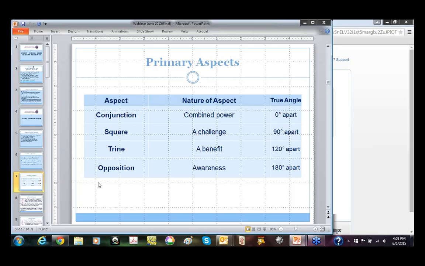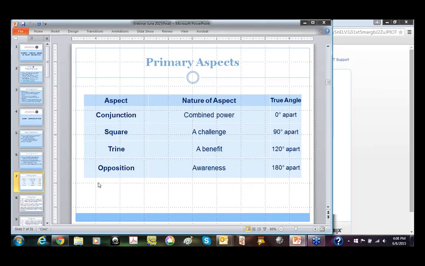So you have to look at the combined planets, what the two planets represent as to how well they combine their power. Some planets work well together, and others, they need a little work to work together. Even if they're in the same sign, in the same house, they have different energies themselves, each one of them. Again, think of siblings and sibling rivalry.